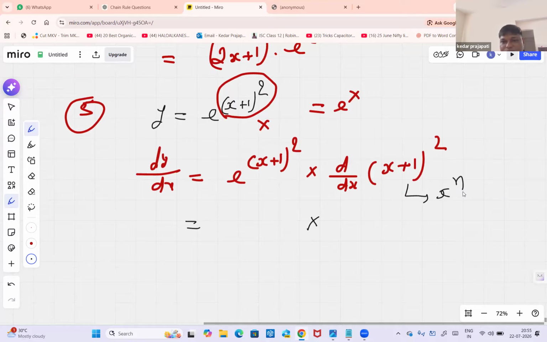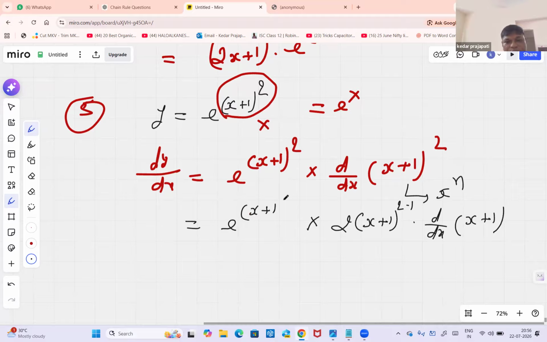So this will become 2 into x plus 1 to the power 2 minus 1. Outside I'm solving first, and then into d by dx of x plus 1. Now you can copy e to the power x plus 1 whole square. So now this term and this term are solved. We only have to solve this.